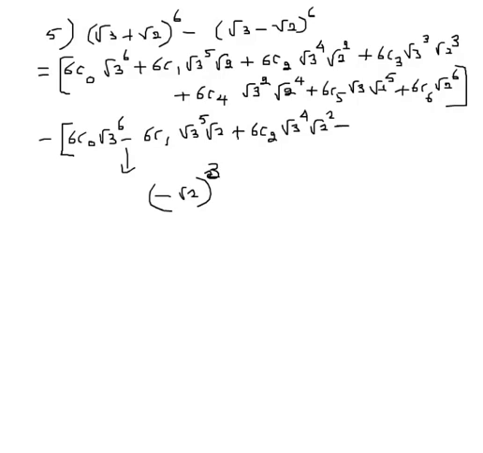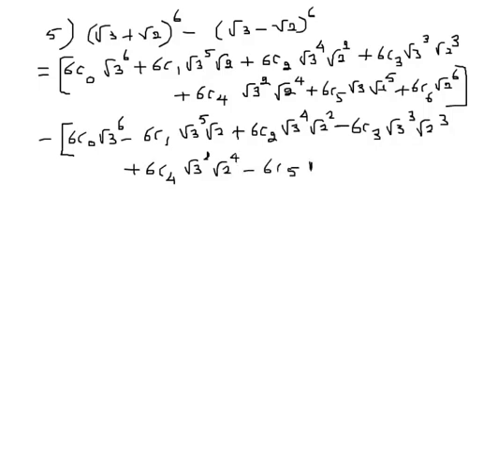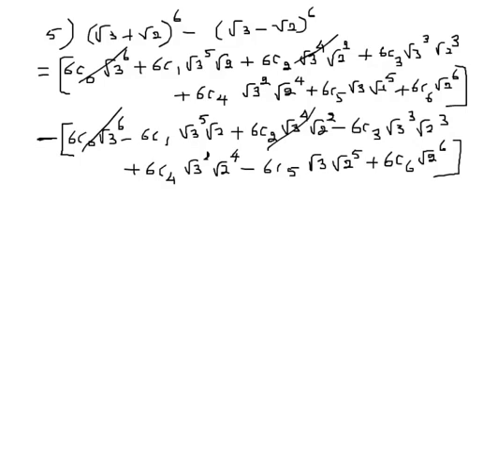That minus sign is written here: 6C3 root 3 cube root 2 cube, plus 6C4 root 3 square root 2 raised to 4, minus 6C5 root 3 times root 2 raised to 5, and plus 6C6 root 2 raised to 6. We have a minus sign in between. These two will get cancelled, these two terms, these two and these two.